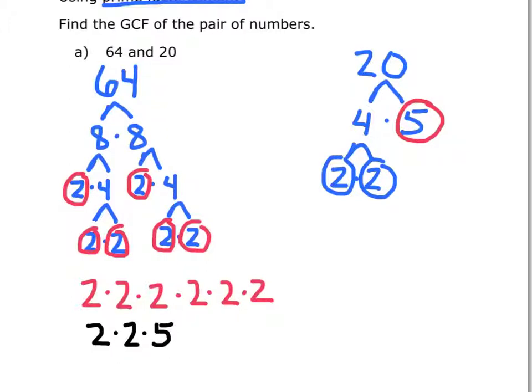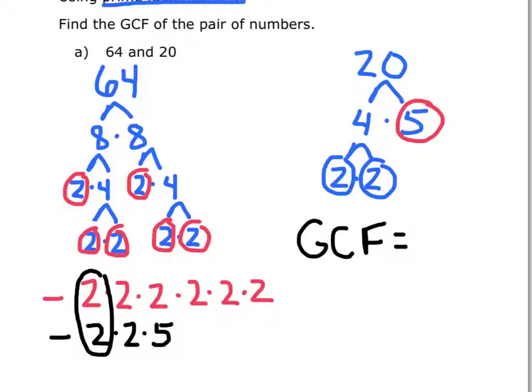So in red right here, I have the prime factorization of 64, and in black right here, I have the prime factorization of 20. To find the greatest common factor using prime factorization, you look for matches. So right here, I have one match of a 2. For that match, I just write a 2 up here. I have another match of a 2.